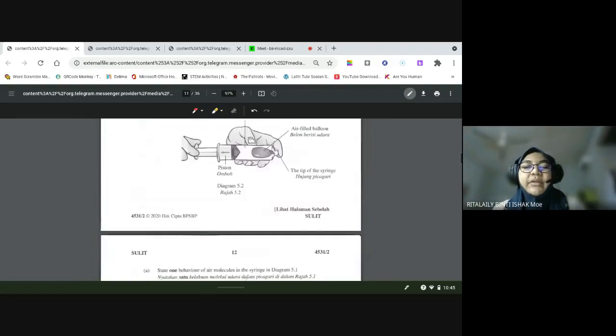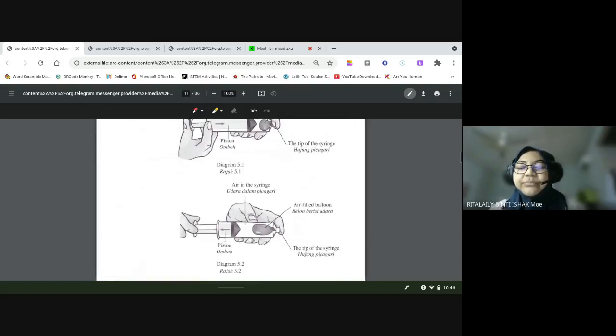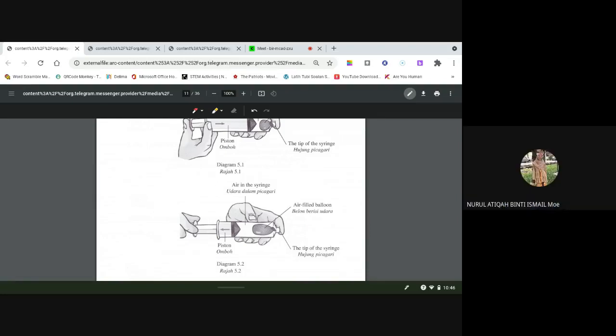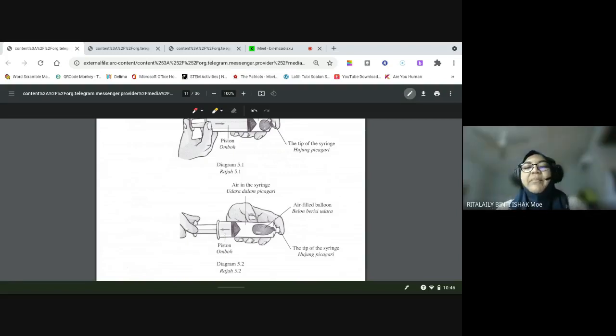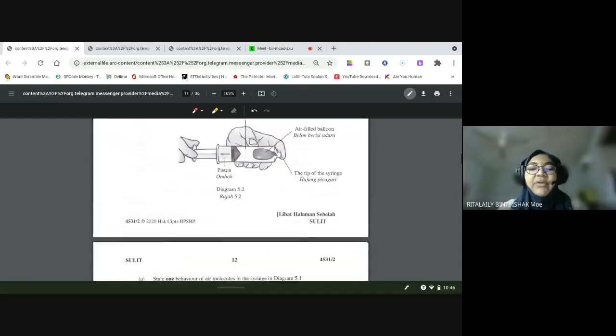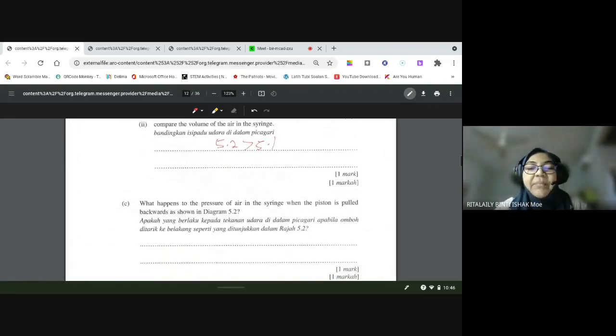So, what is the answer for air volume? 5.2 is more than 5.1. Okay, so nampak pun dekat sini kan, volume 5.2 bigger than 5.1. Nampak dengan jelas dalam gambar aja.